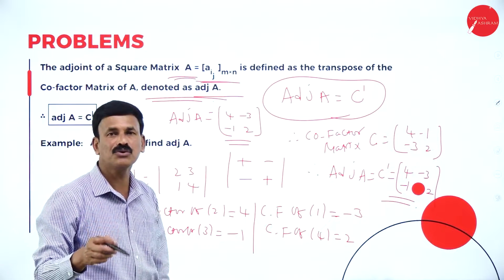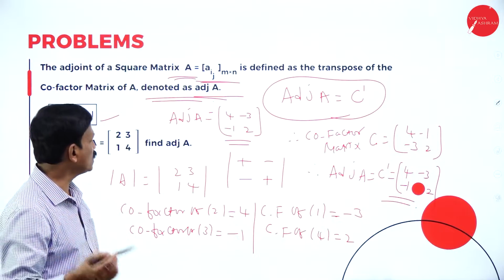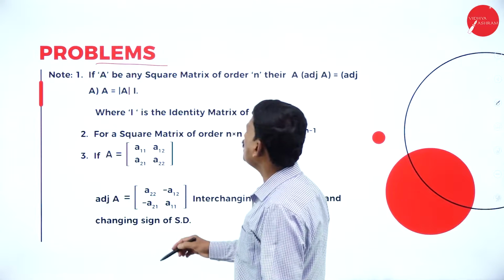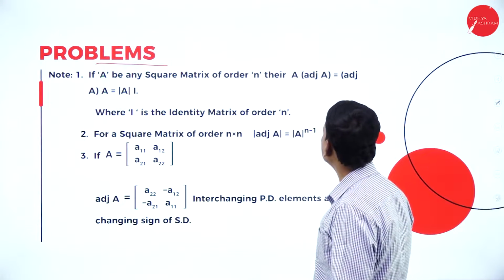Now you have an idea how to find the adjoint. Now let me take one more problem. Let A be any square matrix of order n.